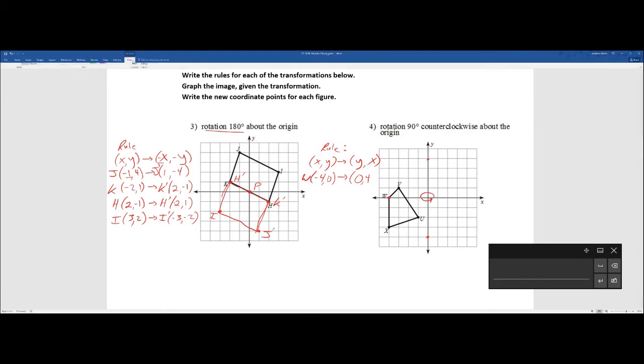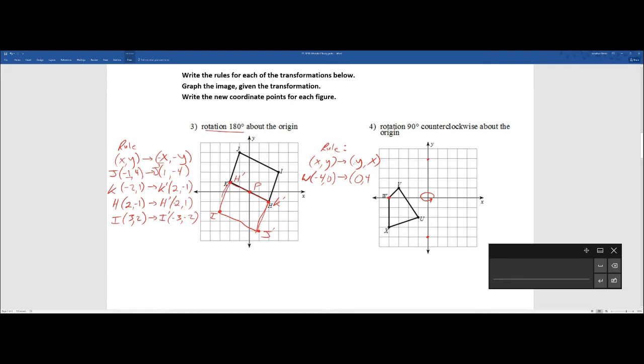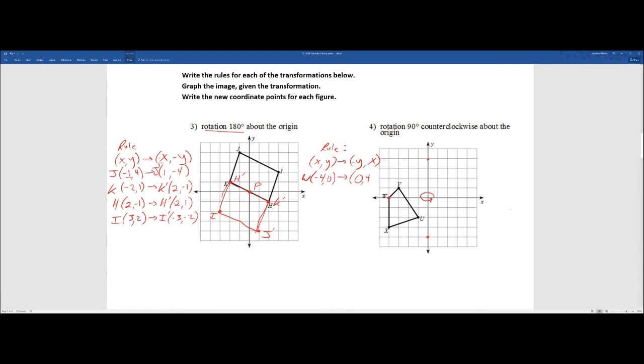So let's try that idea. Notice how I'm using the points to actually determine my rule just in case. Because what if my rule's wrong, right? So that's what I'm saying, don't always just rely on the rules. You can mix them up in your head on accident. Learn how to use the points. So if we did that, that would be 0 comma -4. Let's try that same rule with the -y instead for the other points.